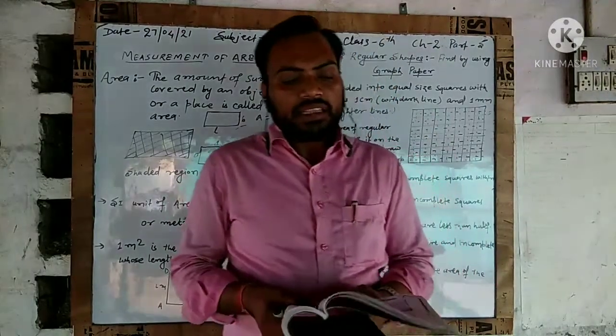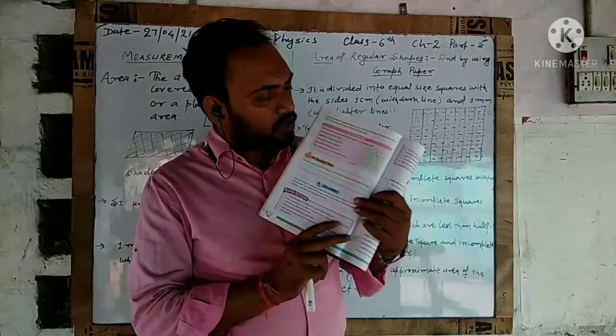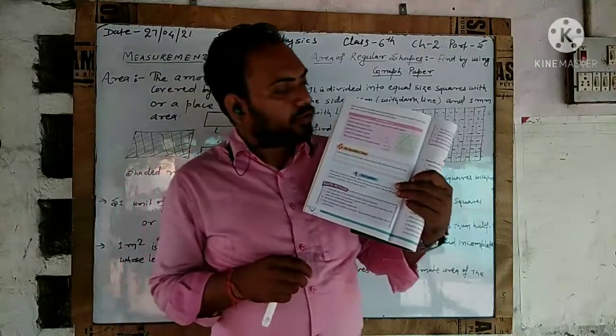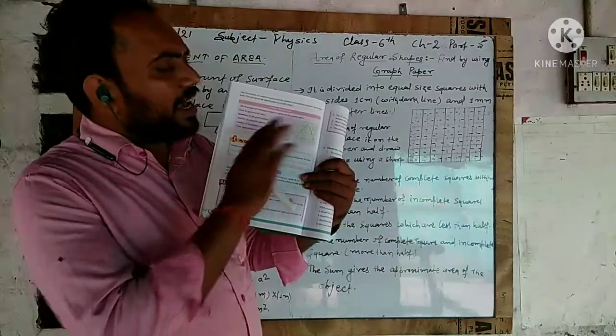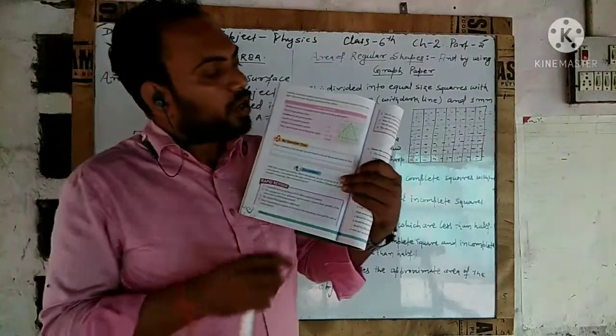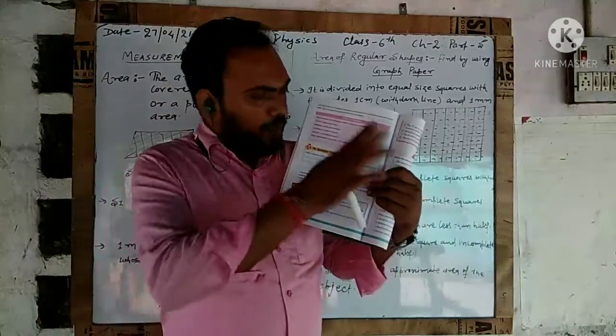There is a solved numerical example in your book at page number 22. Here it finds the area of a triangle drawn on the square paper.